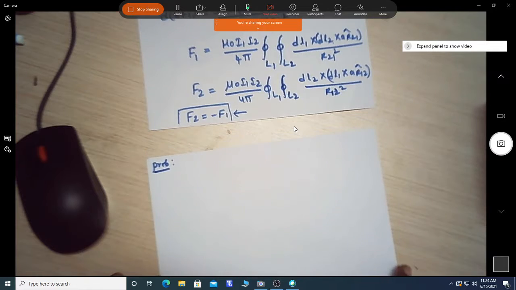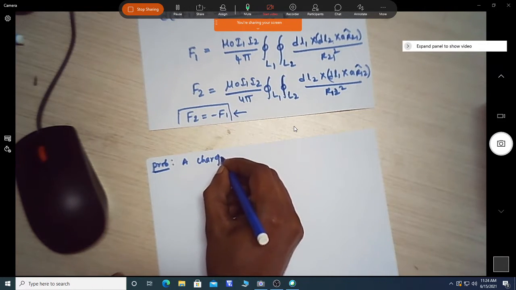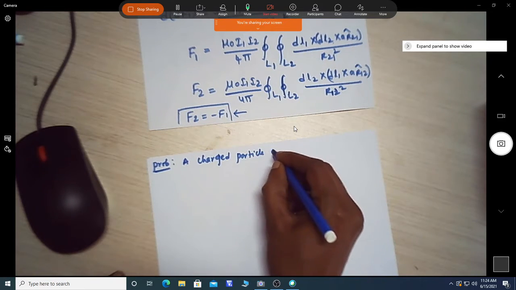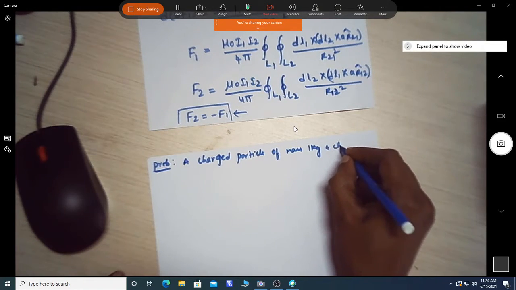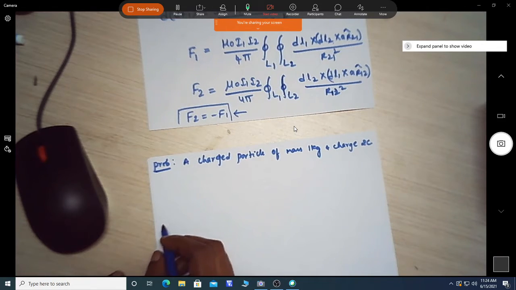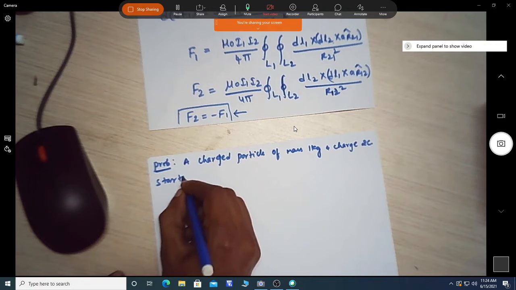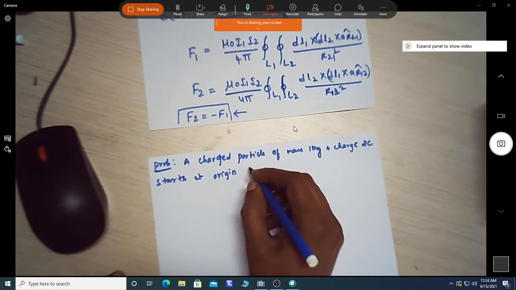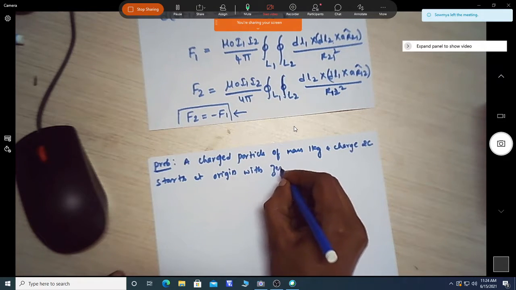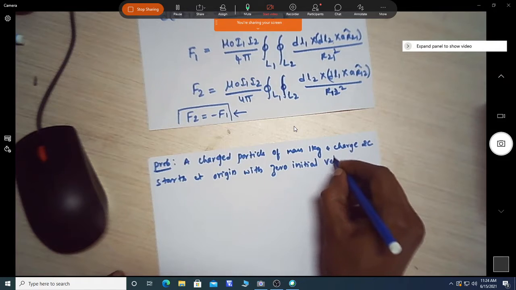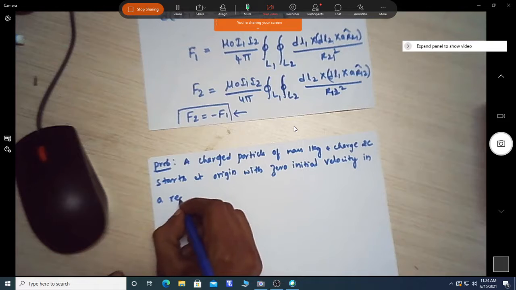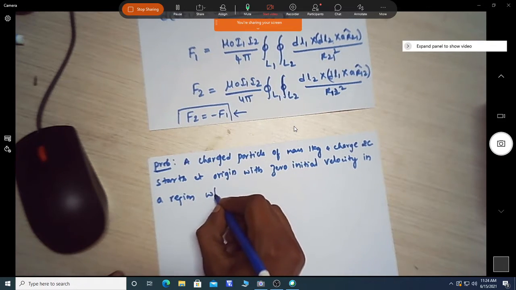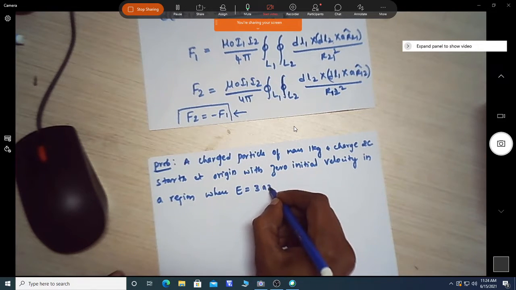A charged particle of mass 1 kg and charge 2 coulomb starts at the origin with zero initial velocity in a region where E equals 3 times Az volts per meter.